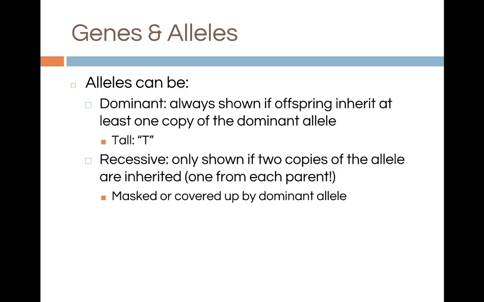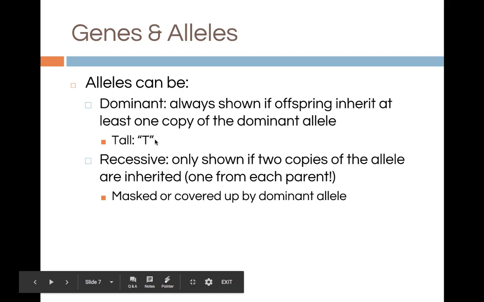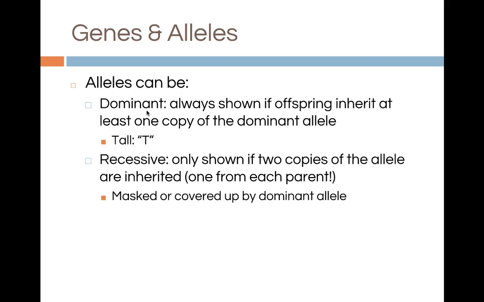Because, again, like we said, if you inherit one copy of the dominant, you're going to show the dominant trait. So you need to actually inherit two copies of the recessive allele for it to be shown. And in this example, it would be short. So you'd have to inherit a short allele from mom and a short allele from dad to be short.